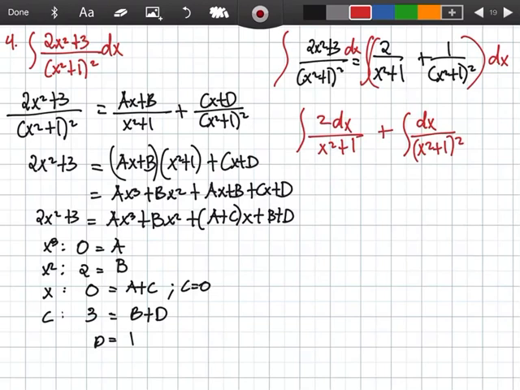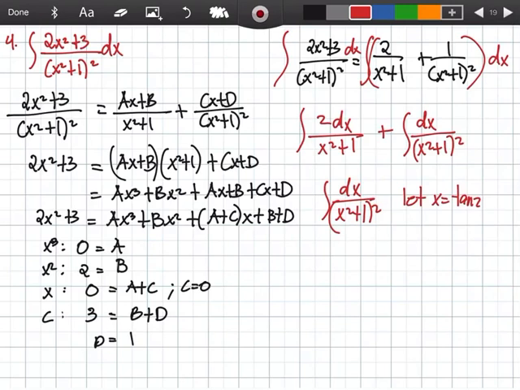So, for the second integral on the right, to integrate it easily, we will use our last lesson, which is trigonometric substitution. When we have x squared plus 1, we let x is equal to tan z.